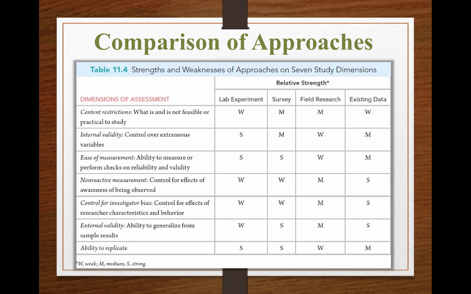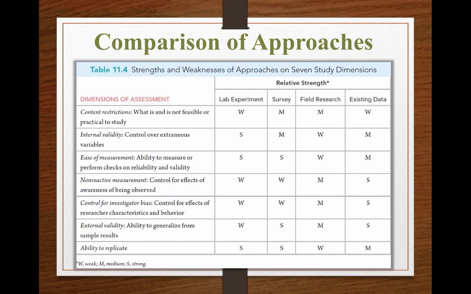So if you combine something, let's say you have a strength and a weakness on the same line here, right? Control for investigator bias, right? Then maybe you would back up your survey, right here, with some existing data. And this could be just to validate your findings or corroborate or provide additional information, right?